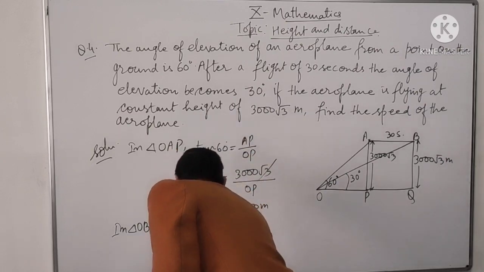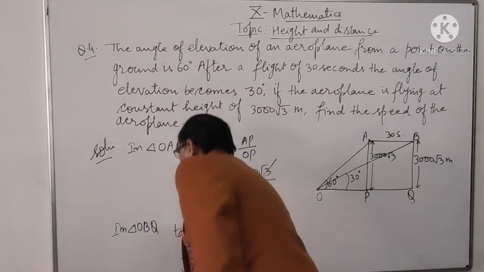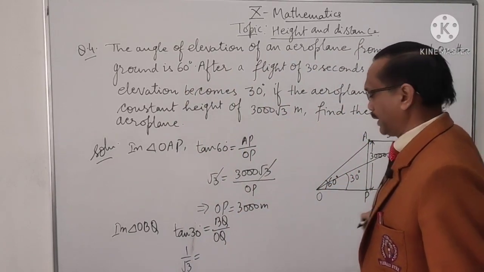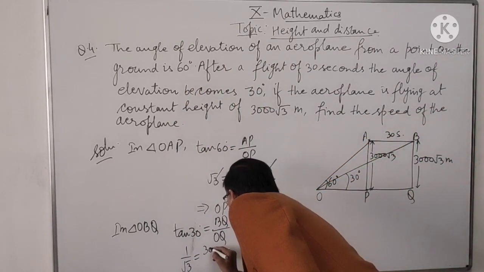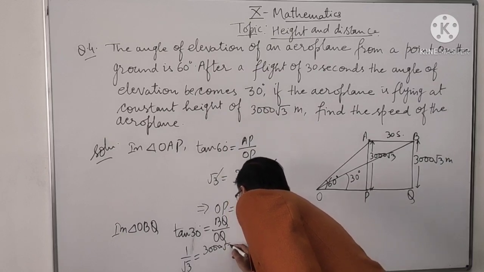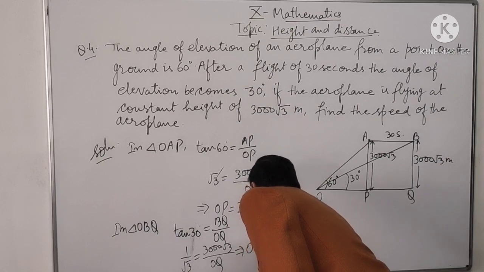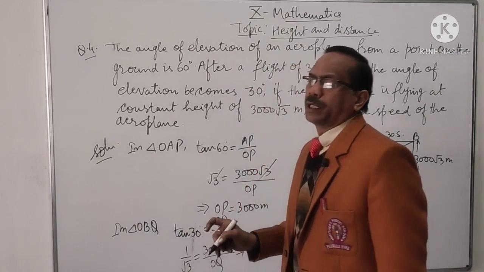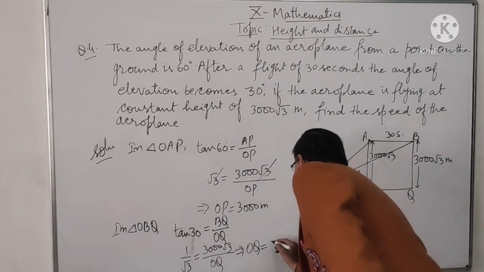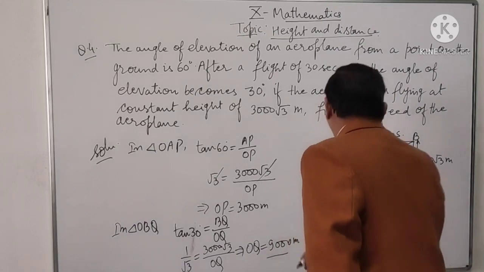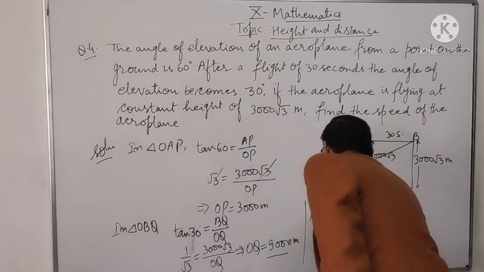Now it is 1 upon root 3 equal to BQ, which is 3000 root 3, upon OQ. From this we will get OQ, which is root 3 into root 3 is 3, so it is 9000 meters. Now we will find PQ.